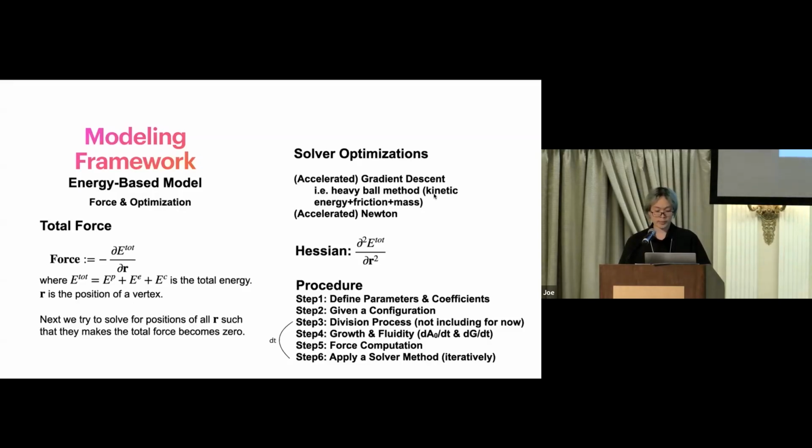And I want to mention the Hessian of the energy, because this one is important. For example, you can use this Hessian to tell you the optimal steps to use in an algorithm, such as gradient descent.